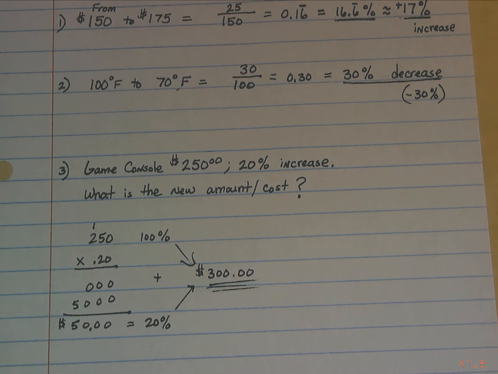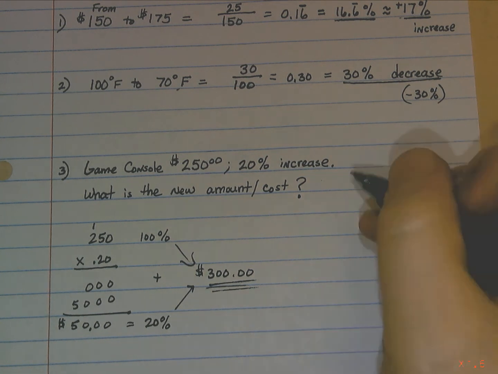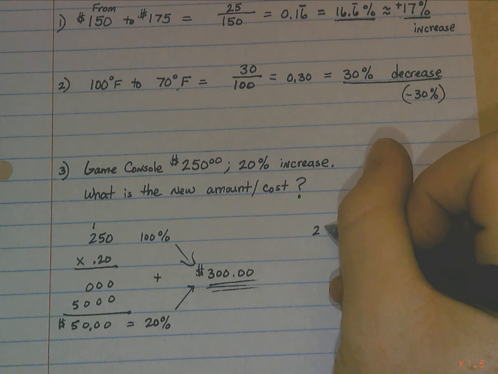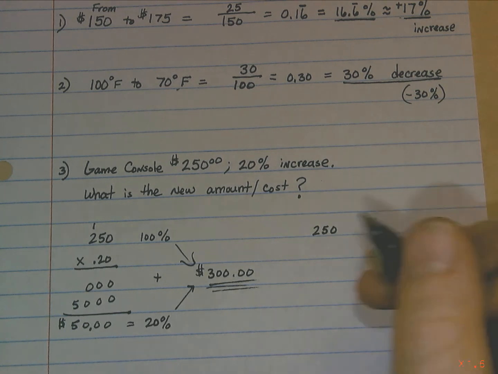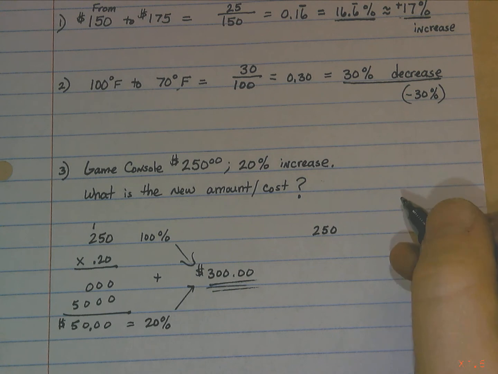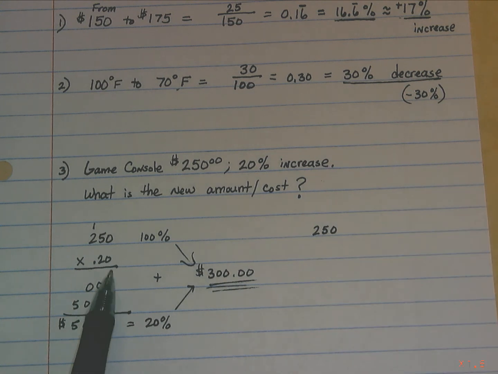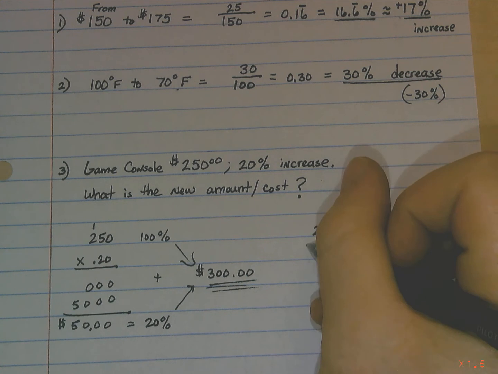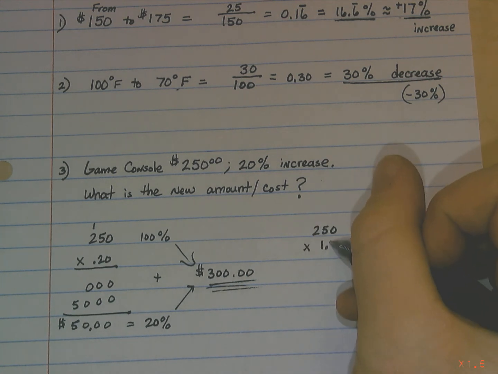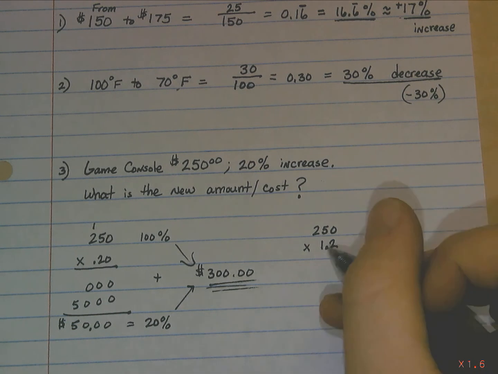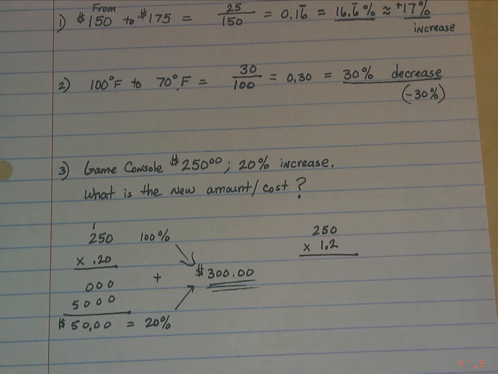Another way to think about it is this. You're paying 100% of that console, right? And you're also paying 20% towards the store because they got to make money, right? So instead of multiplying it by 20% and then adding it back to 100%, let's just multiply this times 120%. 120% would be 1.2 as a decimal. So if you do that, believe it or not, you're going to get $300.